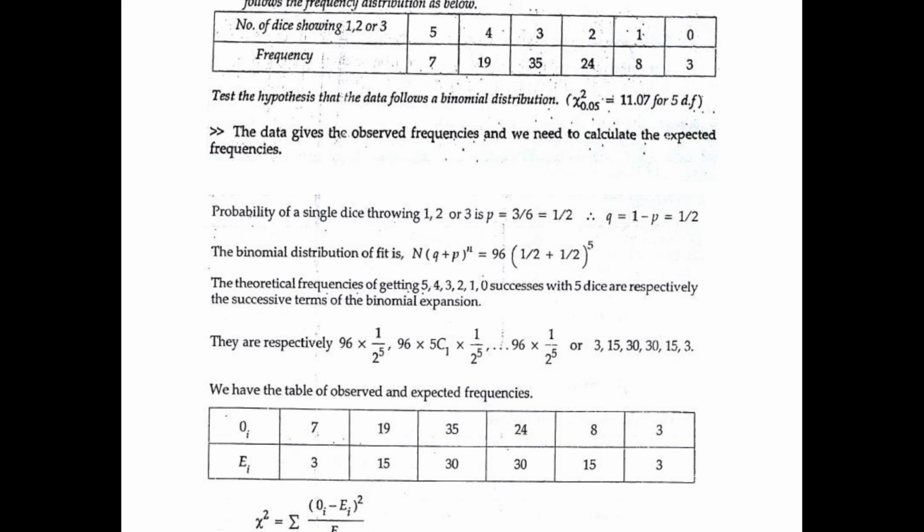It is like choosing: there are 0, 1, 2, 3, and so on. These are the theoretical frequencies of getting 5, 4, 3, 2, 1, 0 successes with 5 dice, respectively.